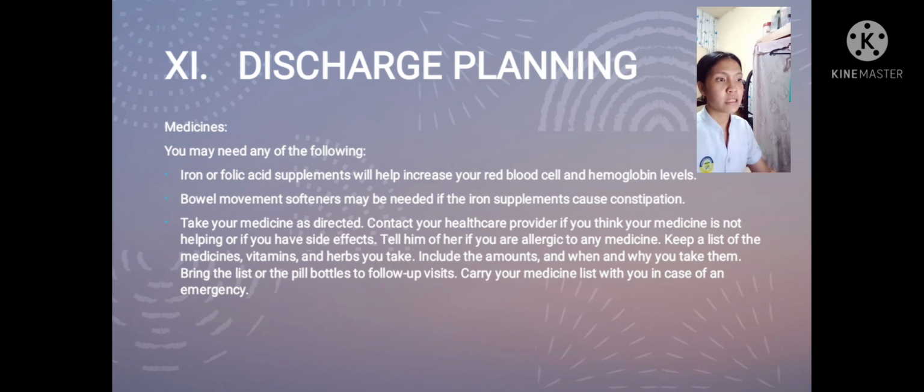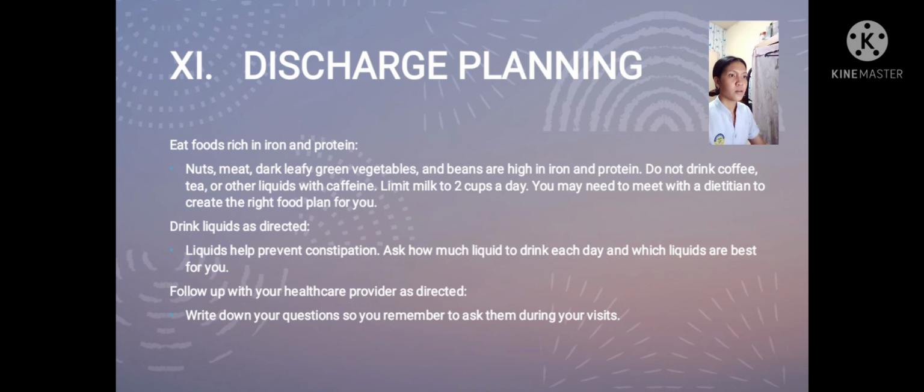Keep a list of medicines, vitamins, and herbs you take. Include the amounts and when and why you take them. Bring the list or the pill bottle to your follow-up visit. Carry your medicine list with you in case of emergency. The next is to eat food rich in iron and protein.